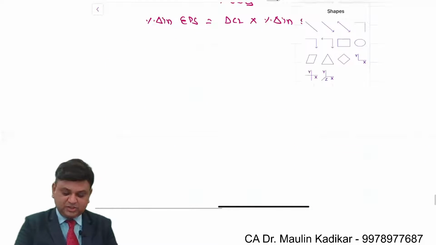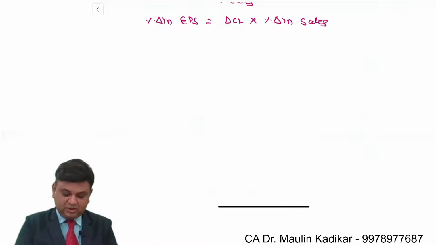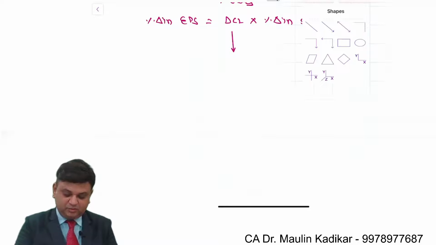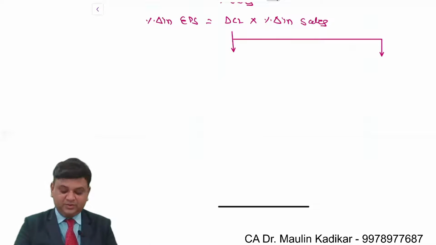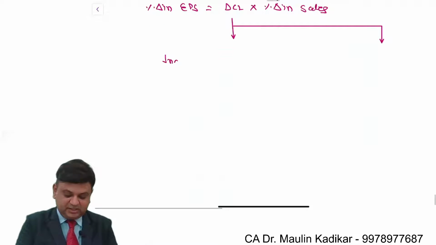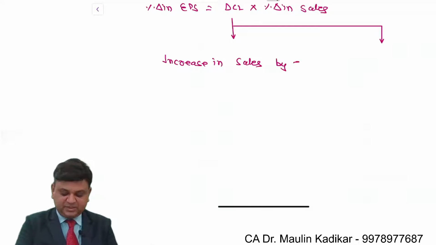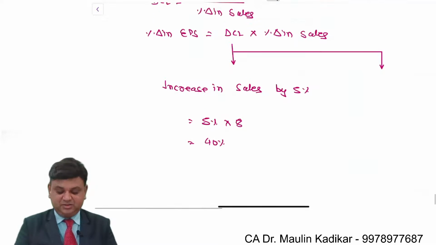There are two questions provided to us, question number 1 and question number 2. In the first question, there is an increase in sales by 5%. So 5% into 8 comes to 40%.